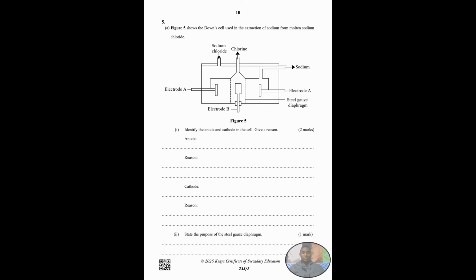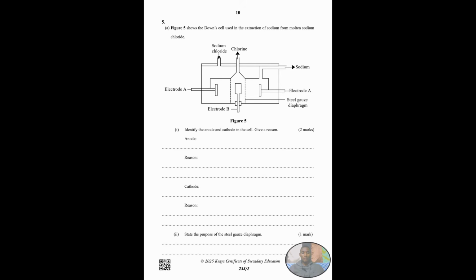Question number 5. Figure 5 shows the Downs cell used in the extraction of sodium from molten sodium chloride. This is the Downs cell that is used in the extraction of sodium metal from rock salt in its molten state.